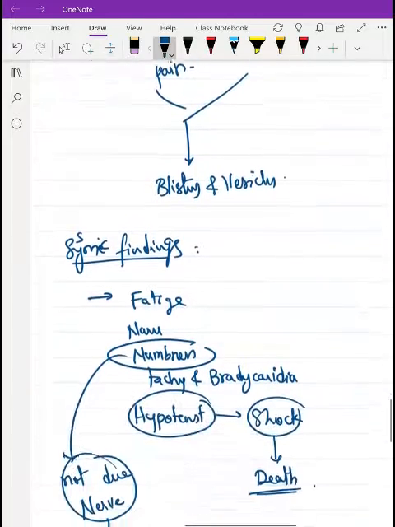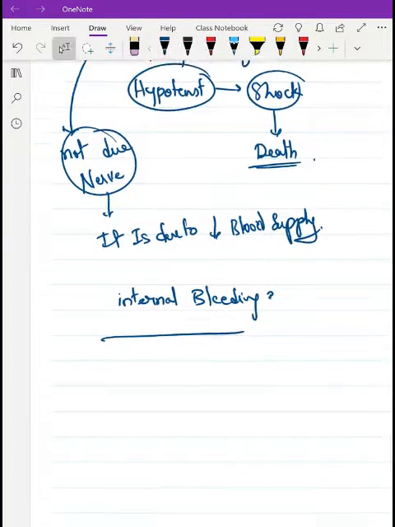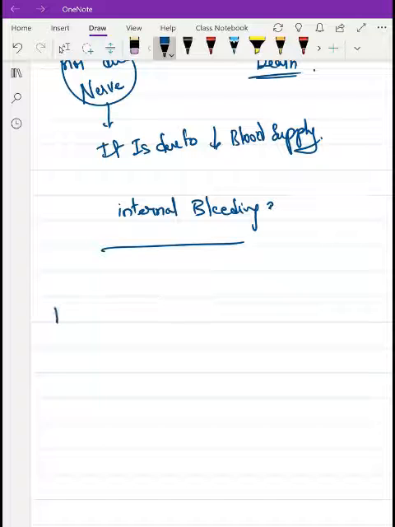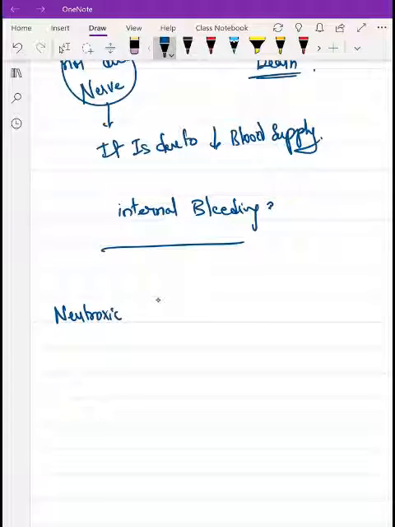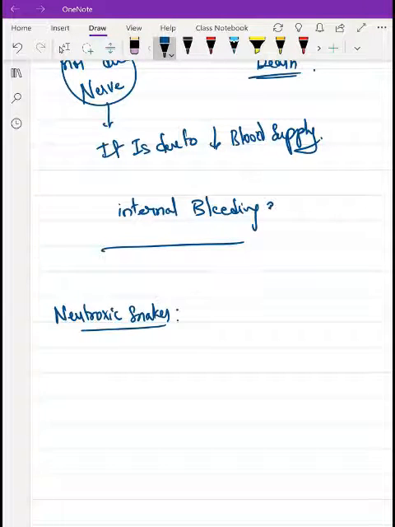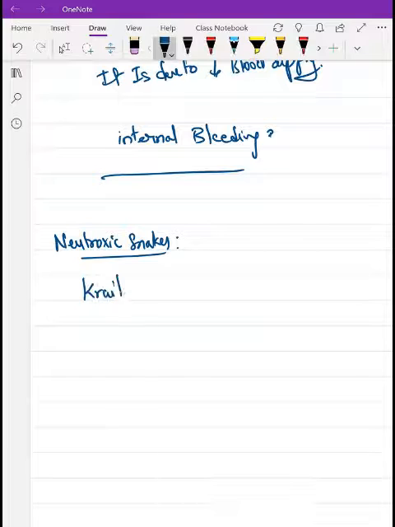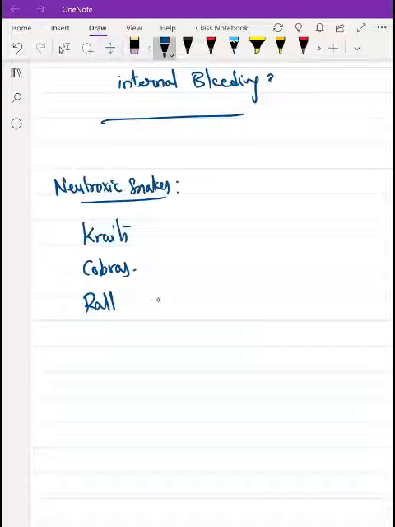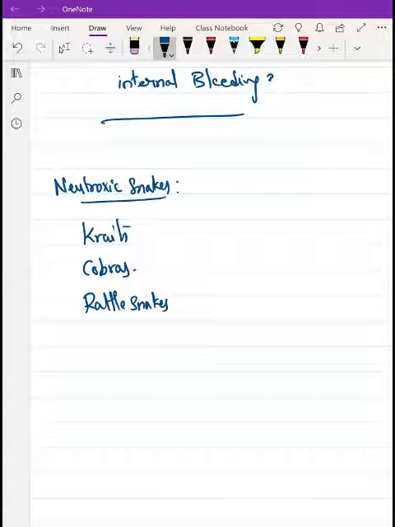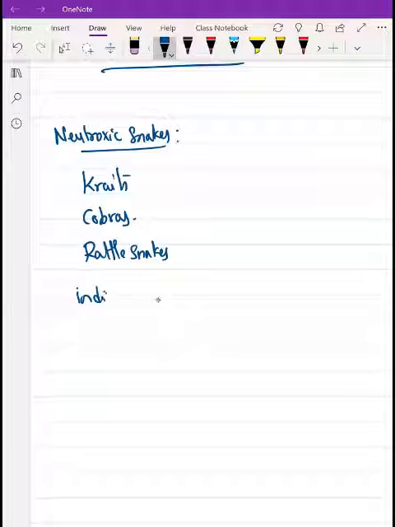This is about viperids. Now, when the envenomation is by neurotoxic snakes, they are kraits, cobras, rattlesnakes, and Indian Russell's viper.